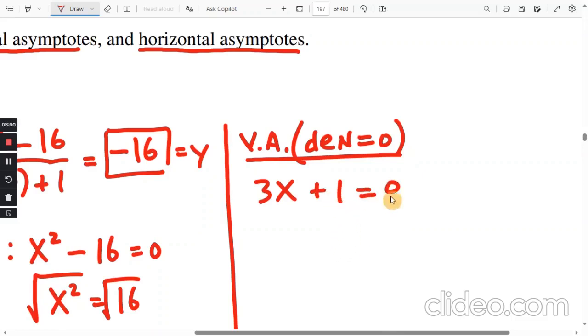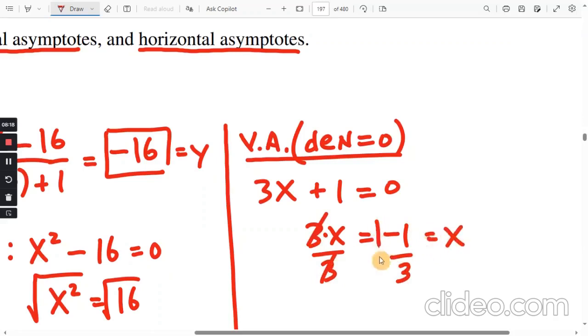And if I do minus 1 on both sides, I'm going to have 3x equals negative 1. And the opposite of times 3 is divided by 3. Solving for x, the 3's cancel, and x equals negative 1/3. So that's your vertical asymptote.